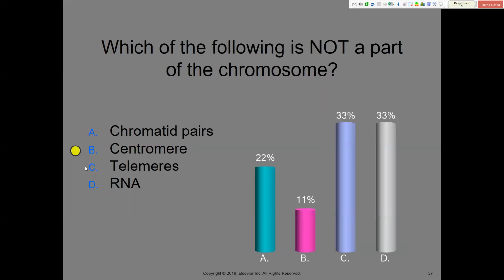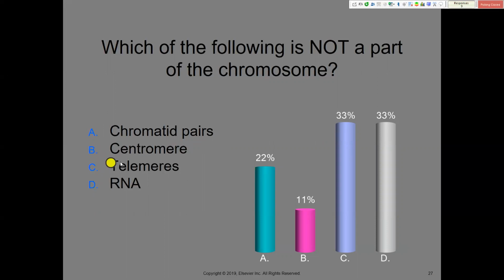All right, so we have a chromatid pair. A chromosome, now that the DNA is duplicated, is made of chromatids. So a chromatid pair is a part of a chromosome, technically. A centromere is the part of the chromatid pairs where they're connected to each other, so that is a part of it.